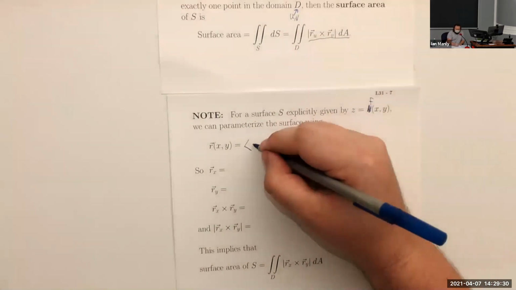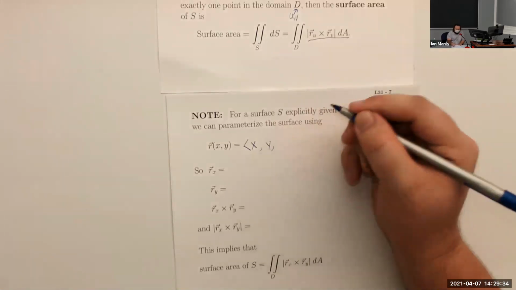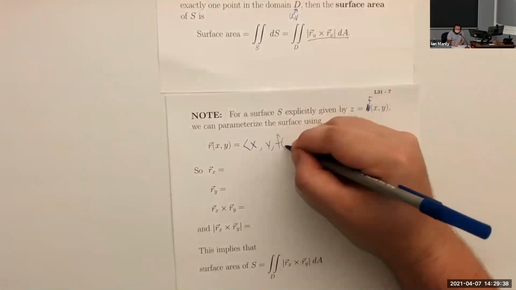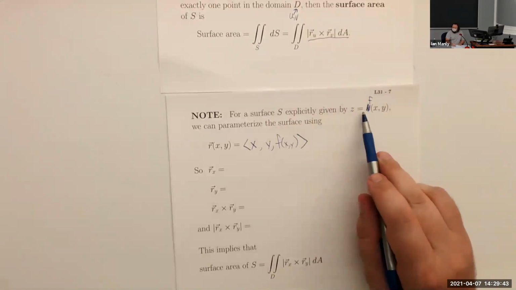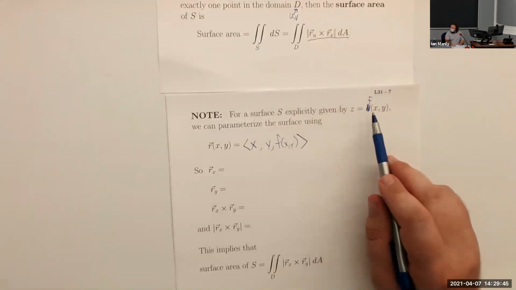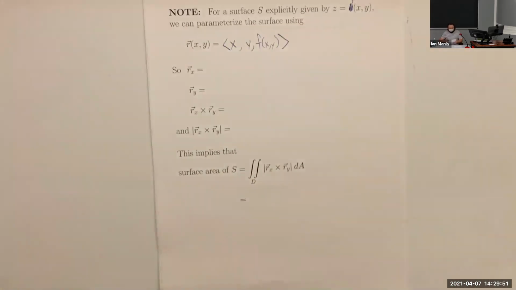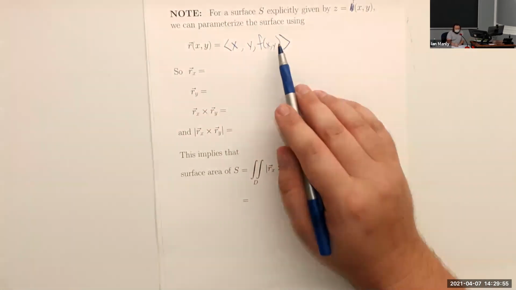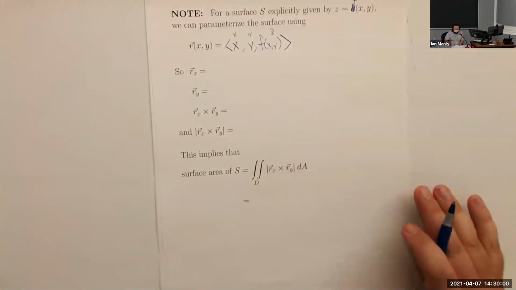Well, the x coordinate will be x, the y coordinate will be y, and the z coordinate will be this function of x and y. So if we have our surface written in the traditional way right here, then we could write our vector pointing to it like this. So this is the x coordinate, the y coordinate, and the z coordinate.